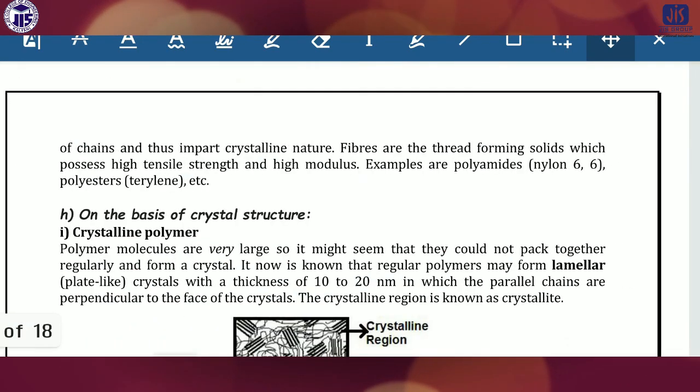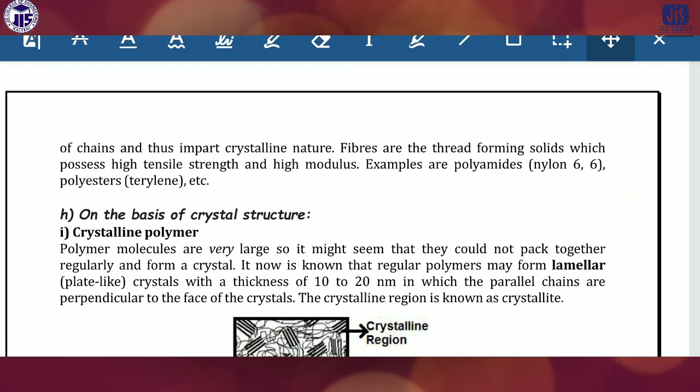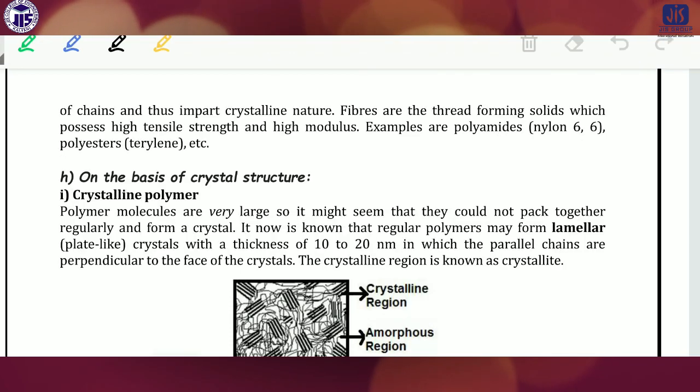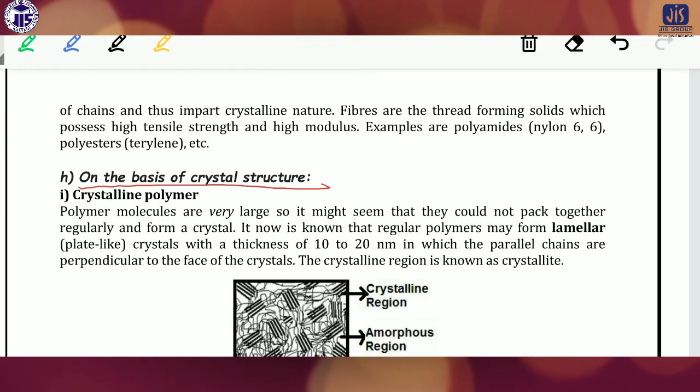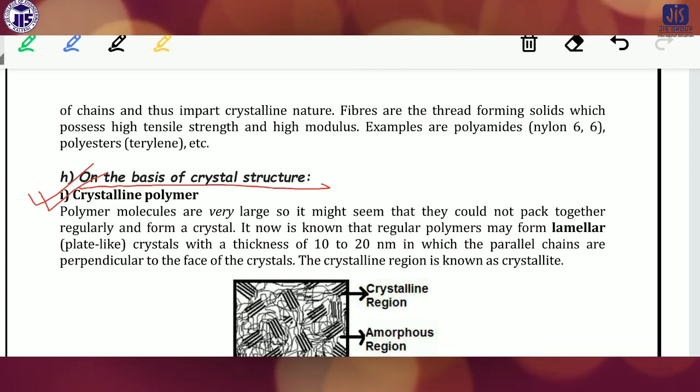Now come to the next type of classification, depending on the crystal structure. There is first the crystalline polymer, second the amorphous polymer, and third the semi-crystalline.